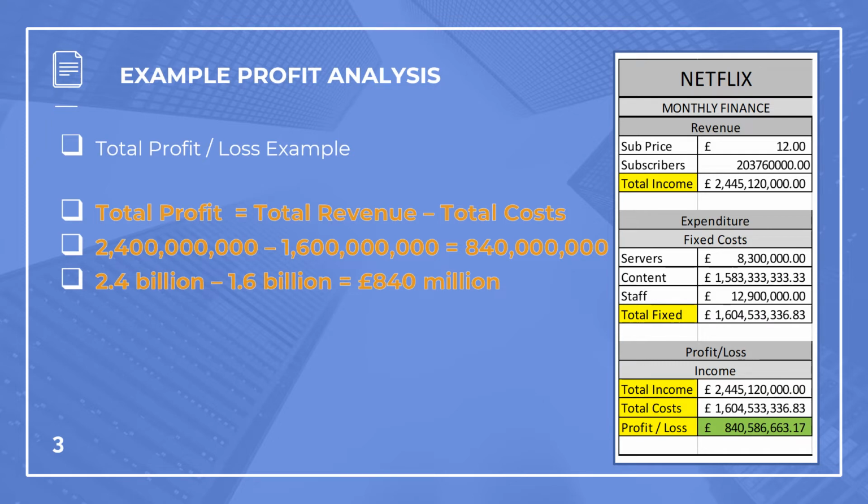So that means they have a total fixed costs of 1.6 billion pounds. To work out our profit, we just look at all of our revenue and subtract all of our expenditure. So 2.4 billion minus 1.6 billion is 840 million. Obviously there are exact figures used there, but that is rounded up.